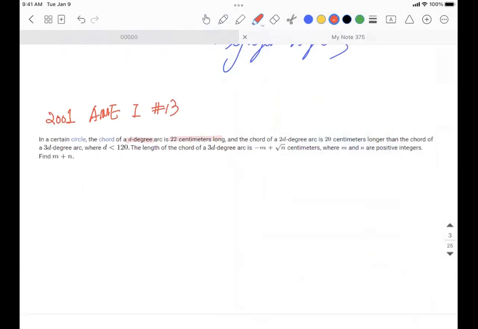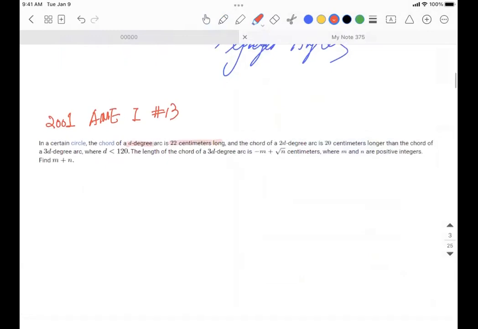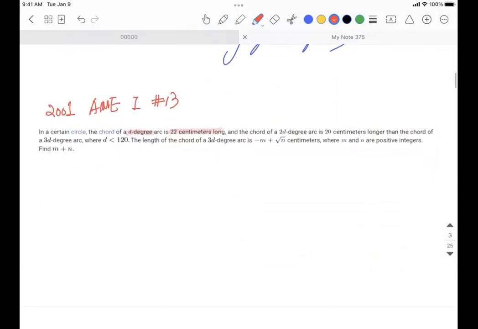The chord of a 2d-degree arc is 20 centimeters longer than the chord of a 3d-degree arc, where d is less than 120. The length of the chord of a 3d-degree arc is minus m plus square root of n centimeters, where m and n are positive integers. Find the value of m plus n.